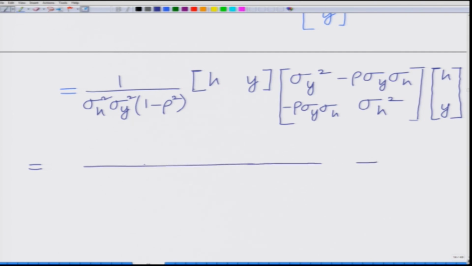In the denominator, I have sigma h square sigma y square times 1 minus rho square.